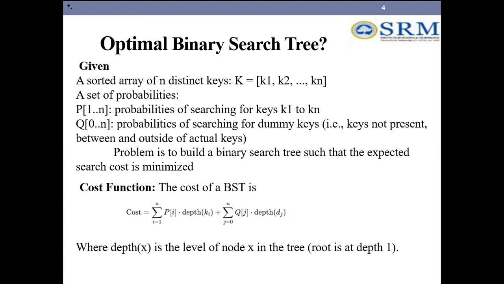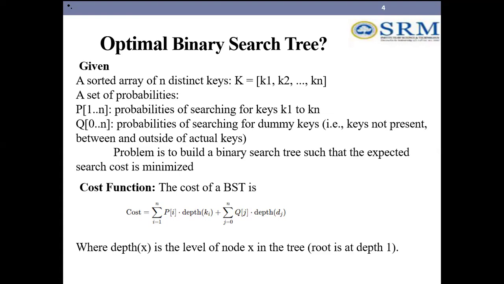What is the cost function? The cost of a binary search tree is the sum over i equal to 1 to n, where n is the number of keys, of p_i, the probability for each key, times the depth of k_i. Depth is the number of levels in the tree. For the root node, the depth is 1, the next level 2. That is, the number of edges from the root to the current node will be considered.